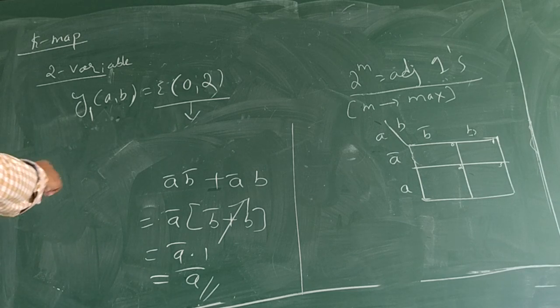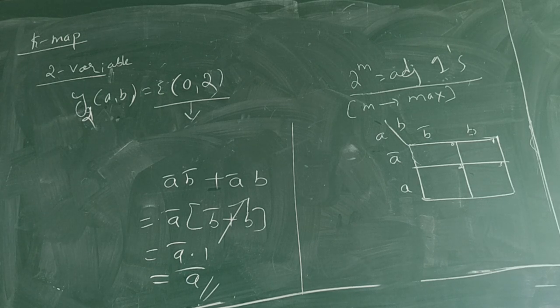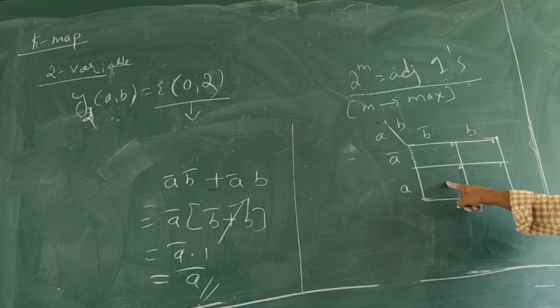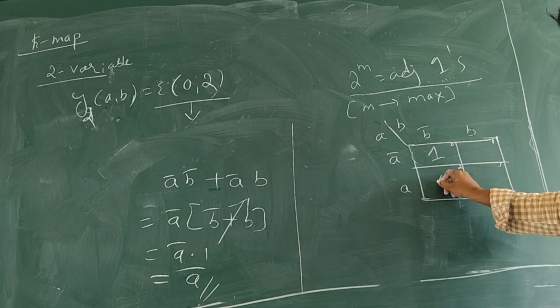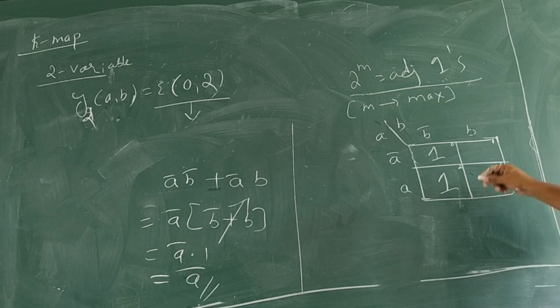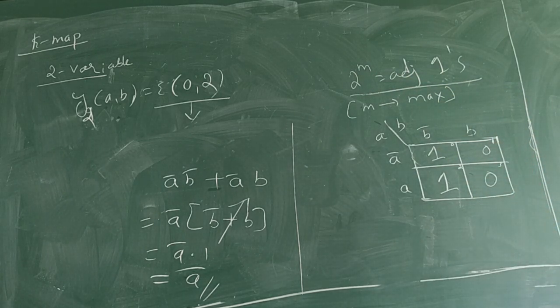I will change this to y2. y2 is a digital function with the two variables a comma b. It is high for the given cell numbers 0 and 2. That means what we have to fill in the 0th and second cell? High. That means 1. Not given cells, what are those? 1 and 3. Those should be filled with 0.